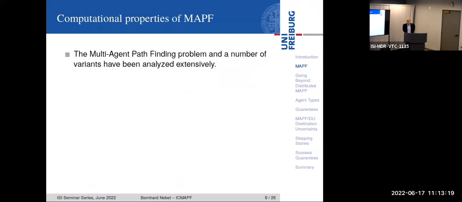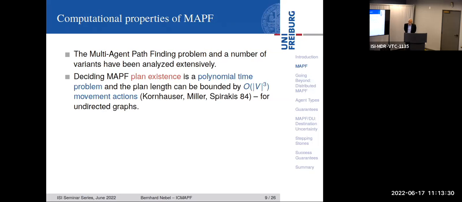These are very well researched problems, both from a theoretical side and from the algorithmic side. What we know since '84 is that finding out whether there exists a plan, a feasibility problem, is a polynomial time problem. And we also know that the plan length can be bounded by cubic many actions when you have an undirected graph.